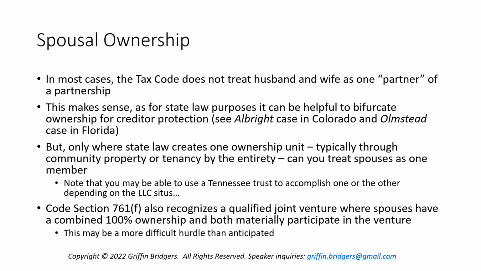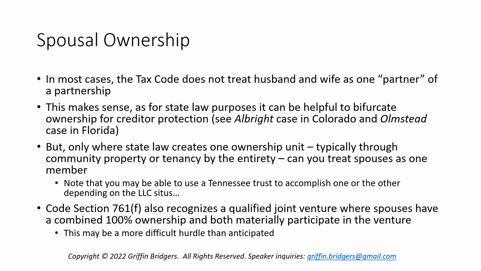But there's another out you may have in Code Section 761(f), which recognizes a qualified joint venture that may be disregarded if there's two owners who are both spouses who have a combined 100% ownership in the joint venture. And here's the catch: where both materially participate in the venture.